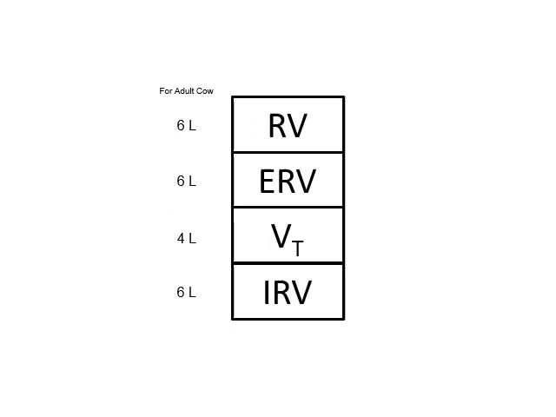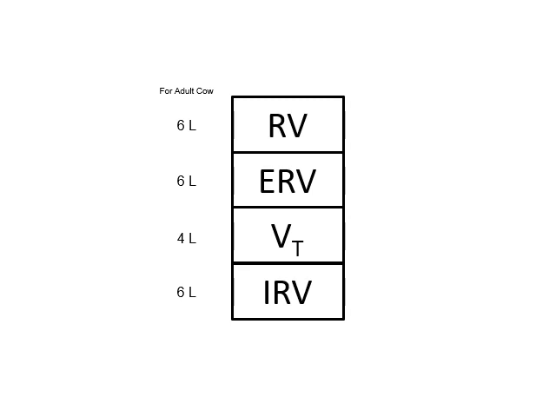If we look at an adult cow, we can stack those volumes up. We have the residual volume, RV, at the top. That's about 6 liters. We've got the expiratory reserve volume next, about 6 liters.